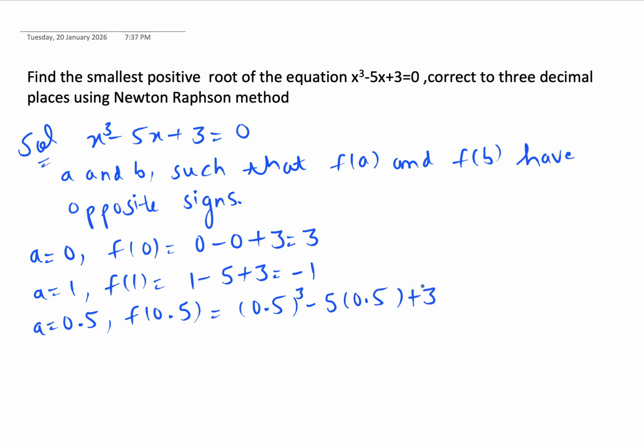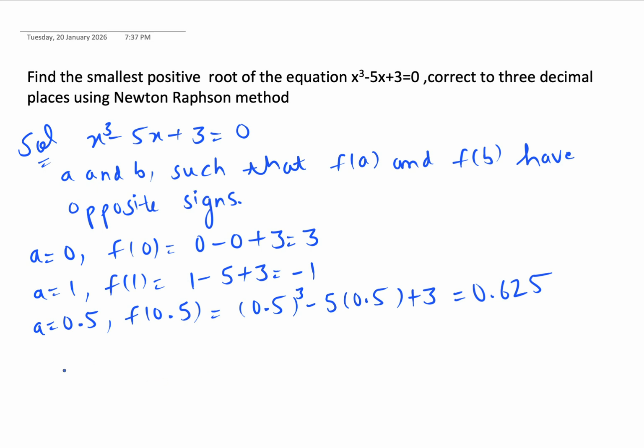Now here we can use the calculator. 0.5 cube minus 5 times 0.5 plus 3, it will become 0.625. So if we are taking 1 and 0.5 as the interval, we are sure the root will be between these intervals.